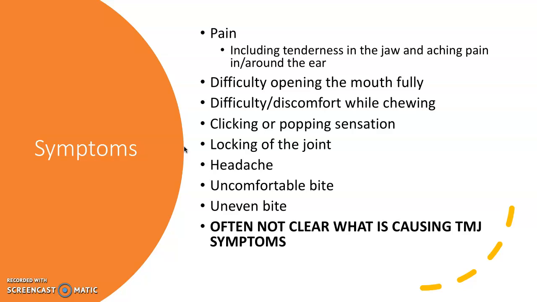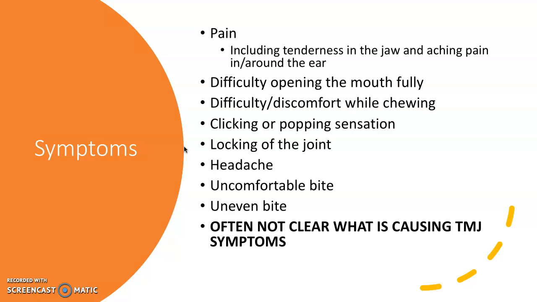Some symptoms that people complain about when they have TMJD include pain, which includes tenderness in the jaw and aching pain in and around the ear. They would have difficulty opening the mouth fully, so they lose some range of motion in their jaw. They would also have difficulty or discomfort while chewing.